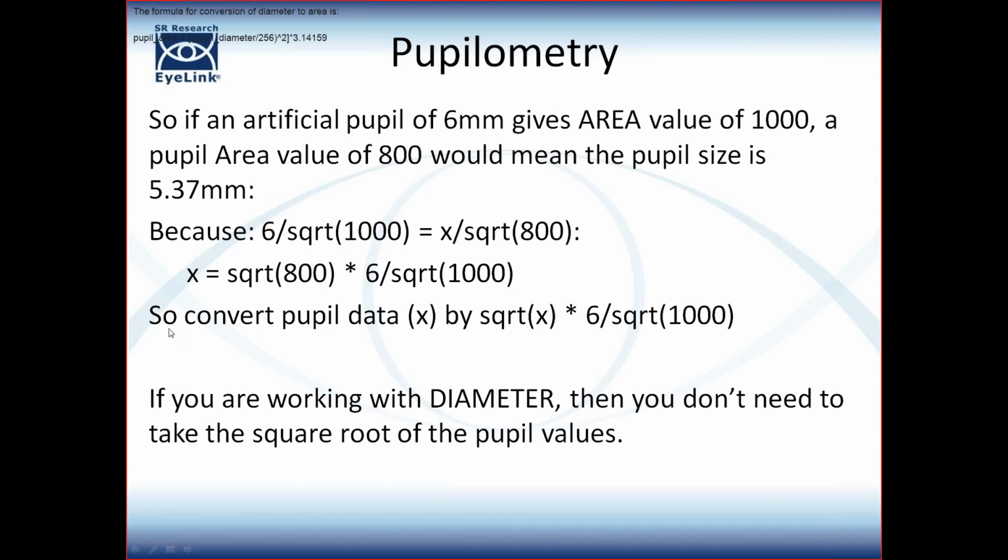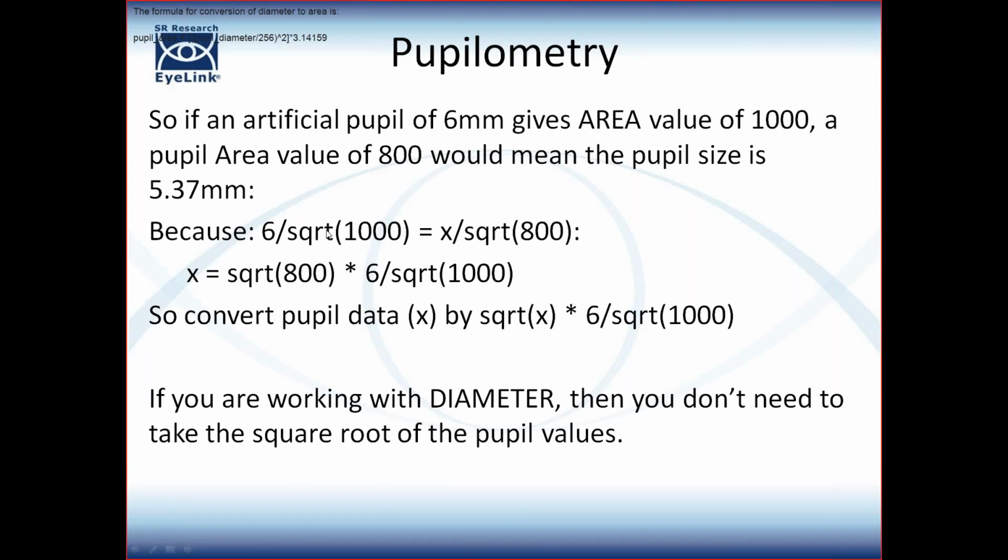So the simple maths is whatever your pupil data is, take the square root of it, divide it by your scaling factor, and multiply it by your scaling factor, and you will get the new value in millimeters. If you're recording diameter, then you don't need to square the pupil data.